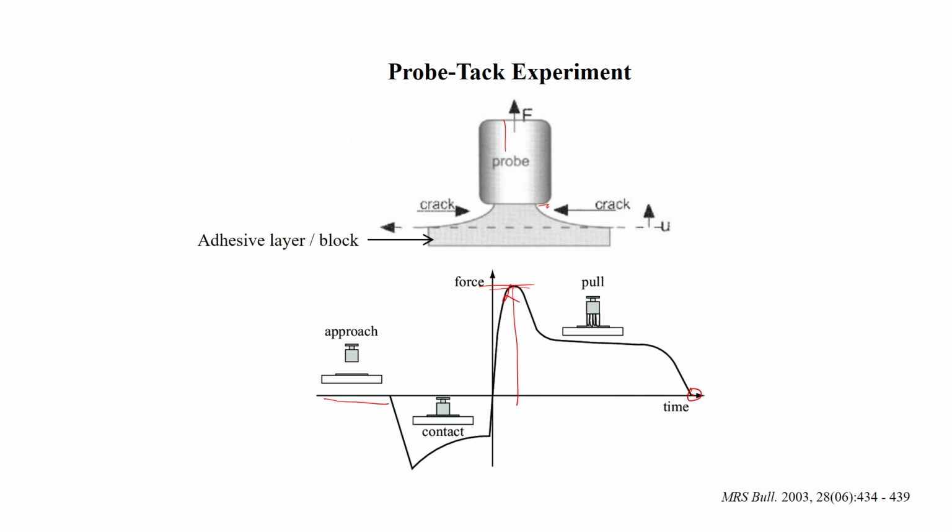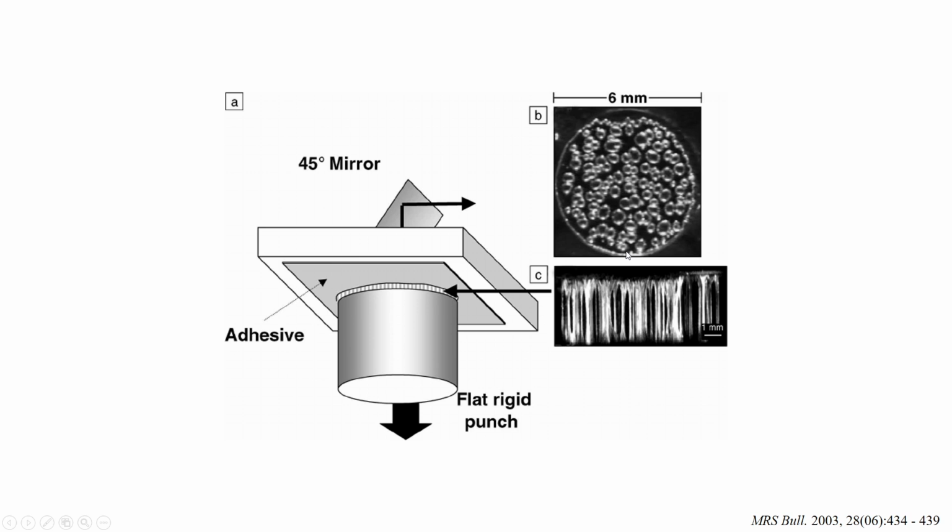In order to study all these kinds of problems, the interesting idea is what kind of stresses develop at the contact line, and how that varies when you pull this probe from this particular layer. This soft layer can be an adhesive, for example. This is another example over here, of what happens at the contact area.